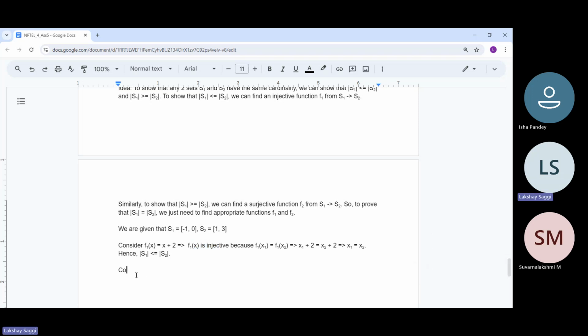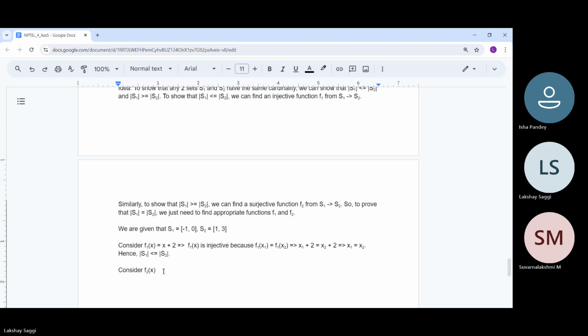Now the second thing to find is a surjective function from S1 to S2, right? So consider f2 of x. We need to find a surjective function from this set to this set. A surjective function just means that the range should be equal to the codomain. The codomain is 1 to 3 and the domain is -1 to 0. So again, if we make a linear function which at x equal to -1 takes the value 1 and at x equal to 0 takes the value 3, then we'll probably be able to find it.